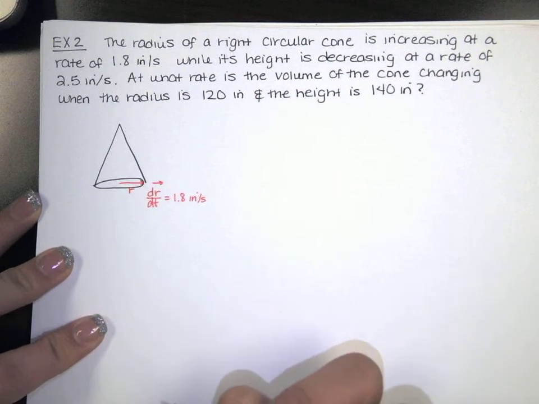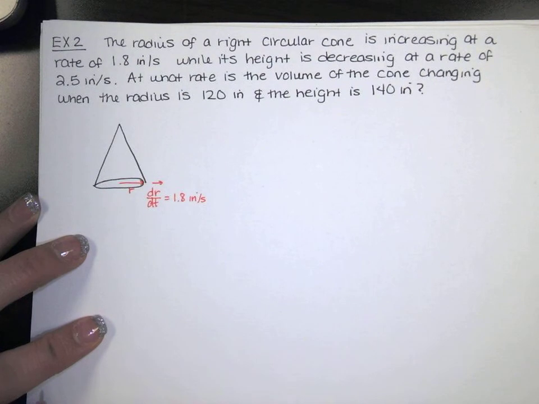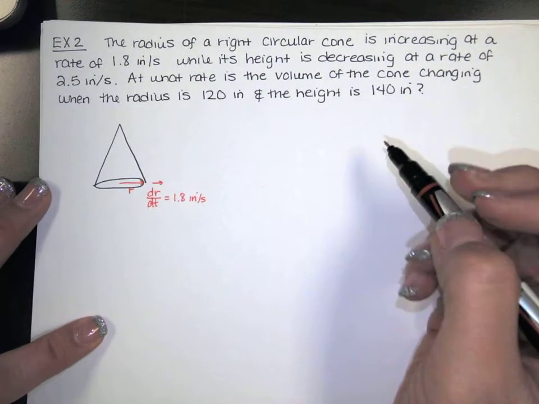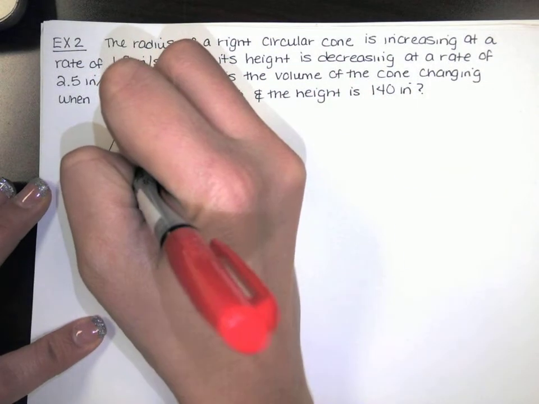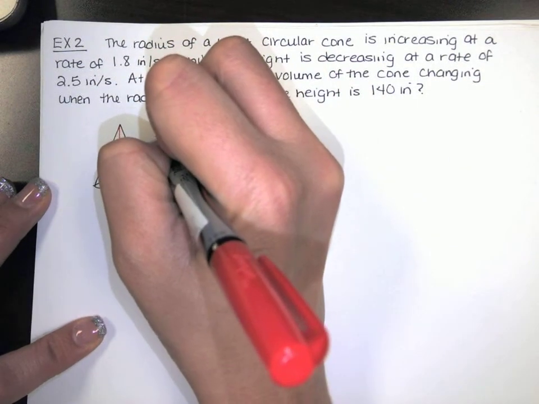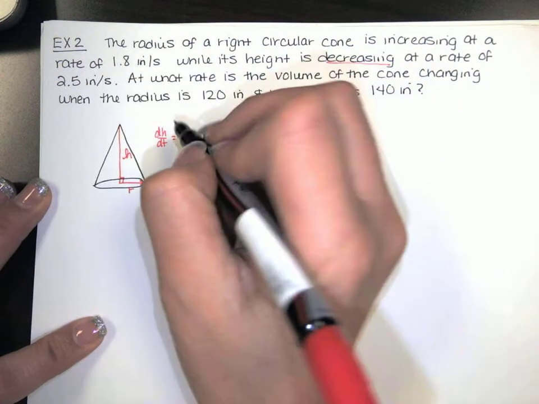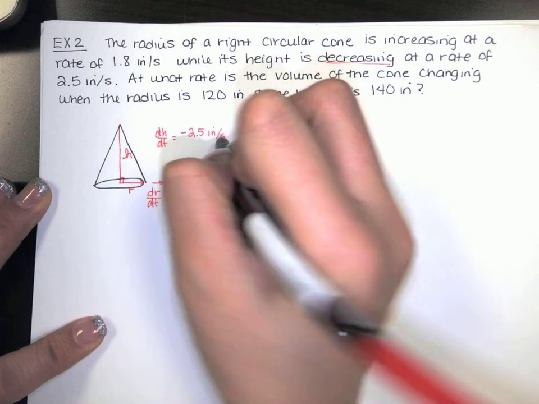So it's just getting larger. The radius is getting larger and larger. Every second it's 1.8 inches larger. While its height is decreasing at a rate of 2.5 inches per second. This is its height. And dH/dt, they told us it was decreasing at this rate. So that's negative 2.5 inches per second.